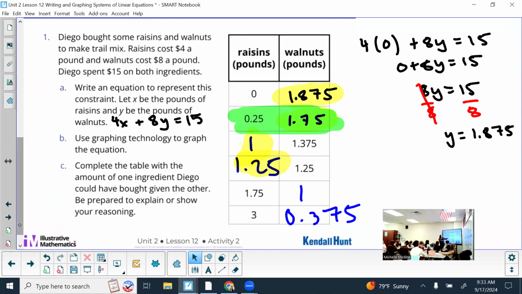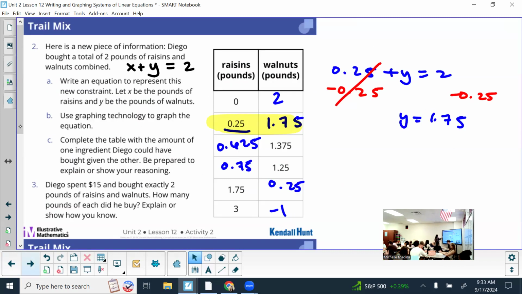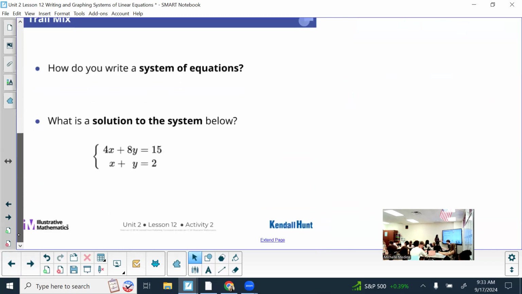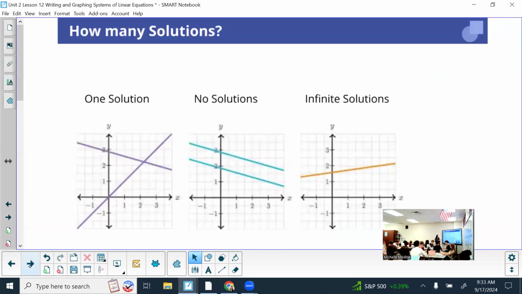So this would be the solution to my system. It's the only pair that works for both. So that's what a system is: 2 or more equations, and they have the same variables. Where they intersect is where the solution is.